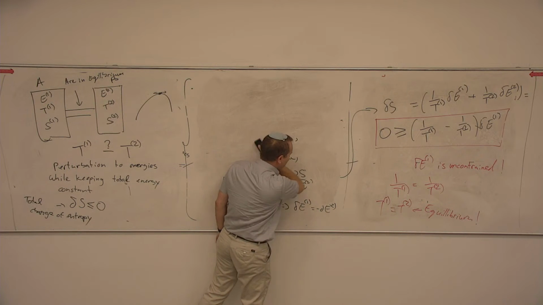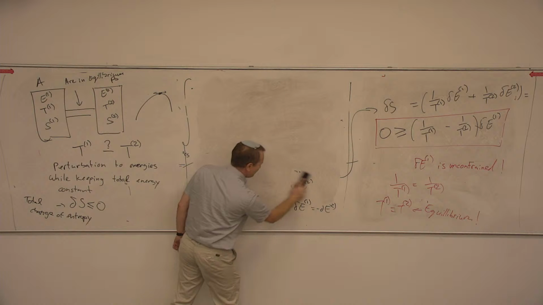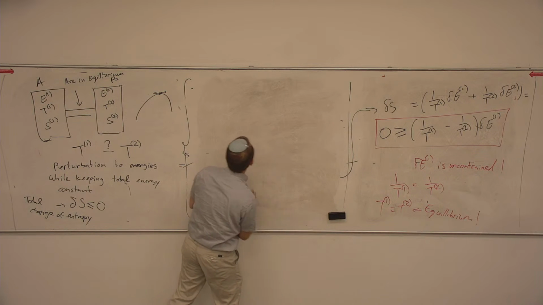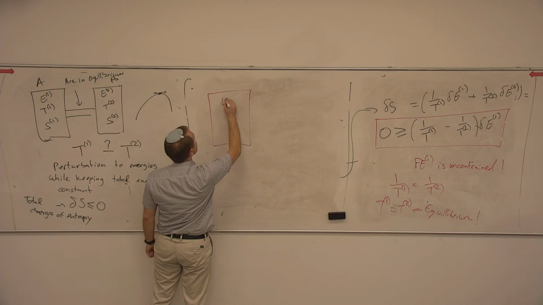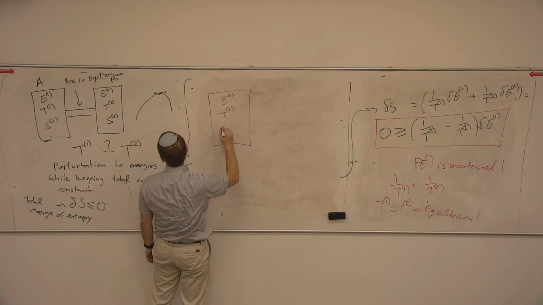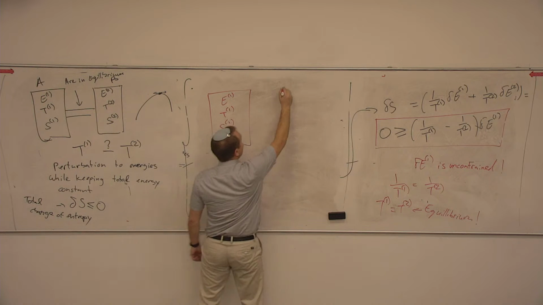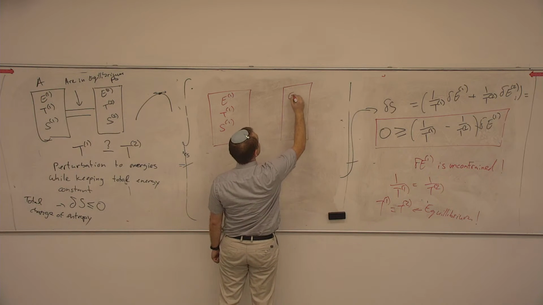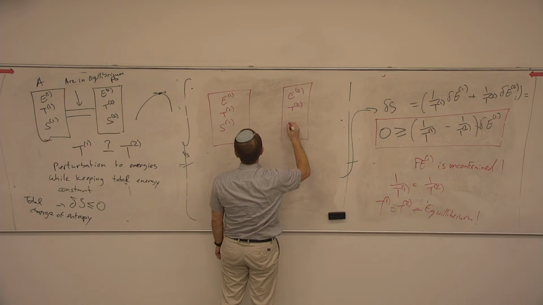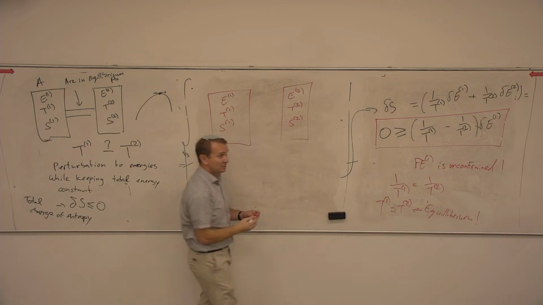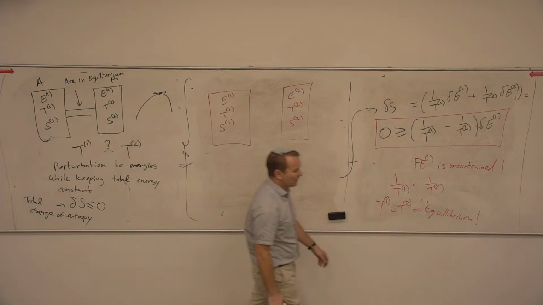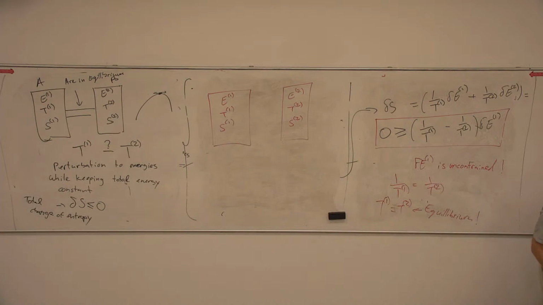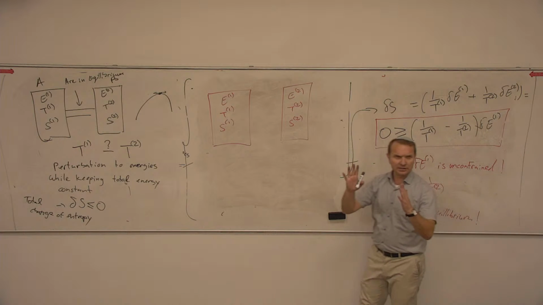Let's assume that I had two boxes, one with T1 and S1, and then another one with T2 and S2. And they were not in equilibrium. When they're not in equilibrium, T1 can be whatever I like, S1 can be whatever I like, E1 can be whatever I like, and I put them in contact.